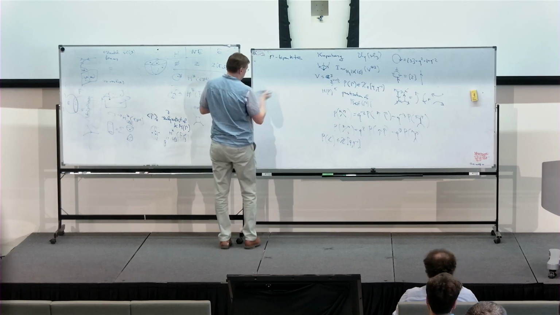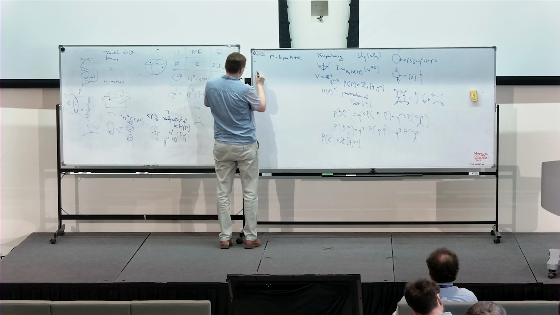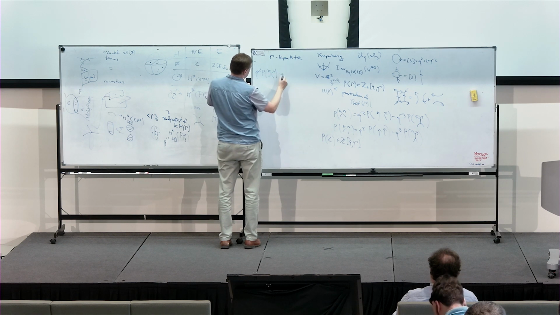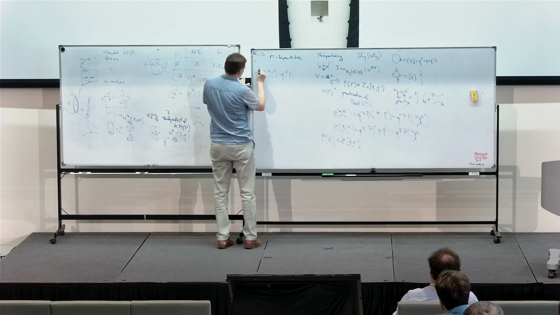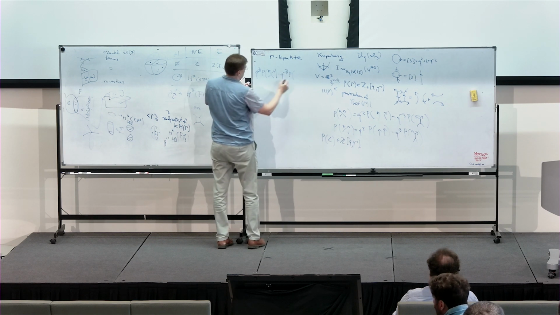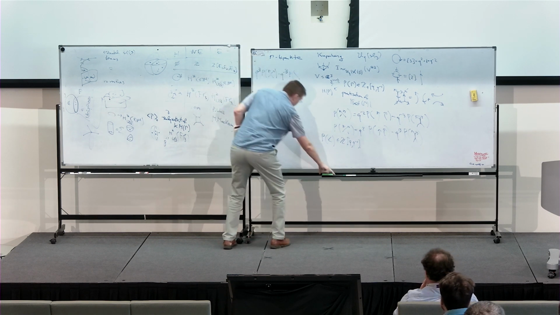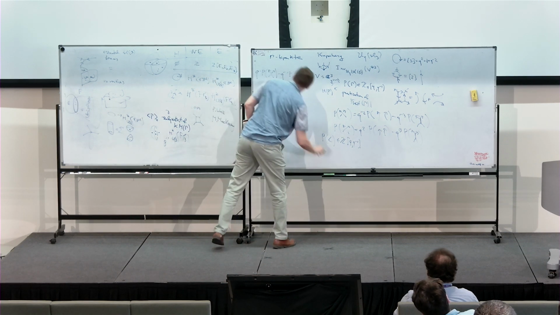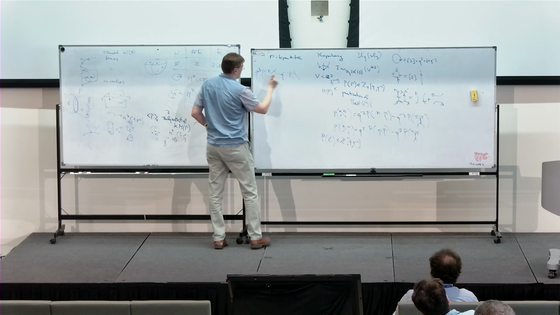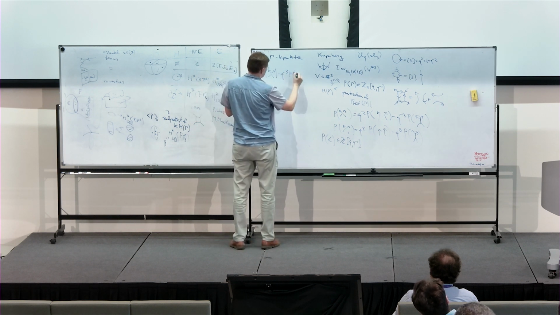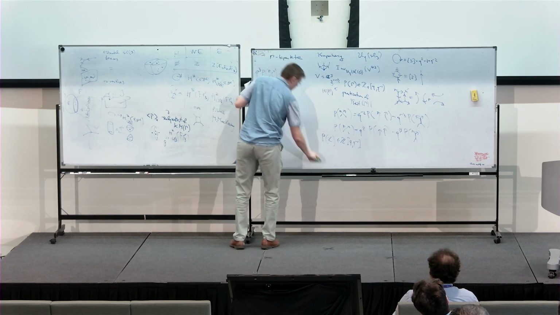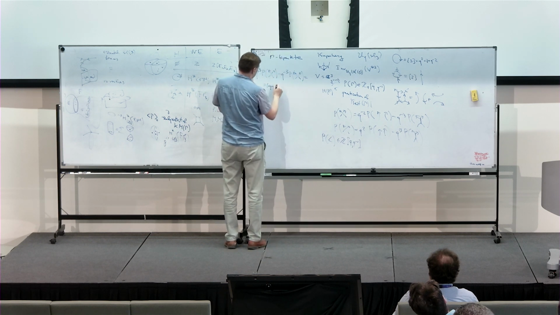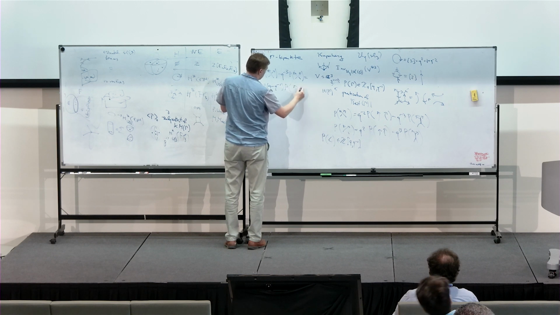The relation is that q squared times the polynomial of a link with this crossing, minus q to the minus 2 times the polynomial of the link with the opposite crossing, q cubed minus q to the minus cubed, is equal to q minus q inverse times the polynomial of this link.